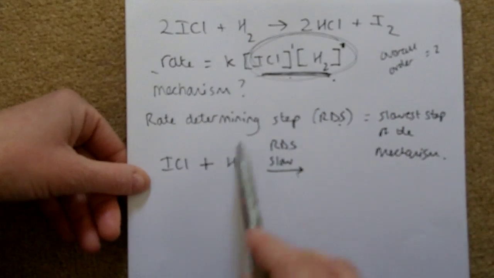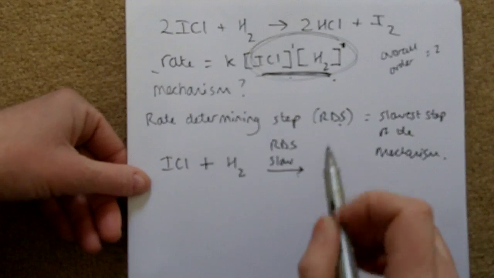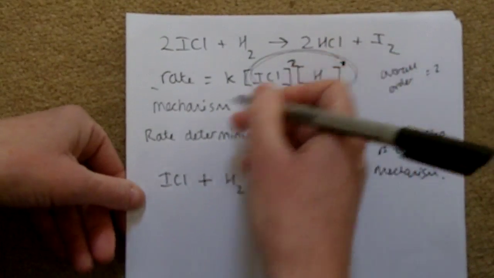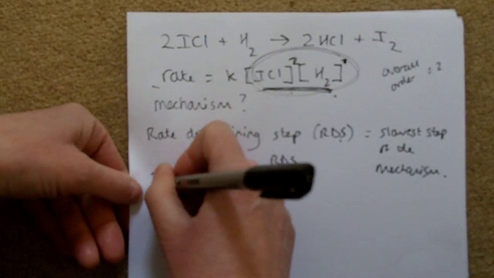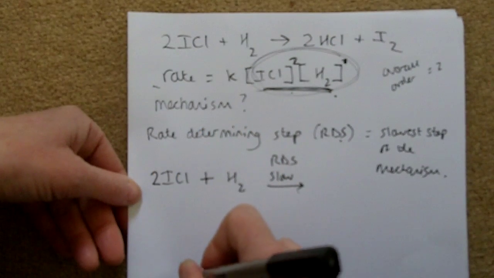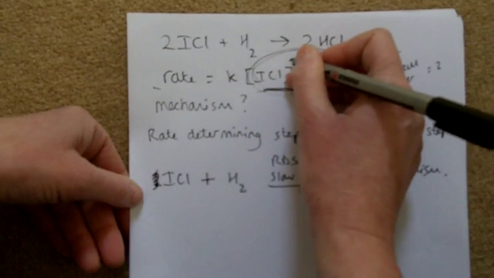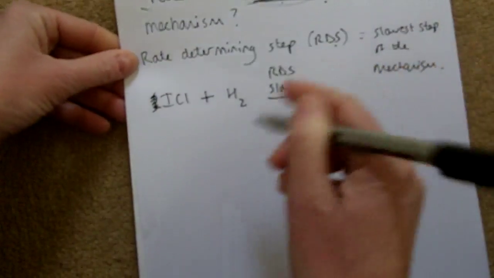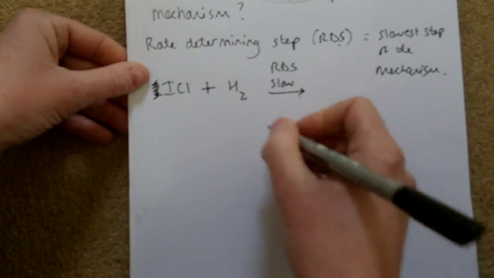Now if it had been squared here, I would have put 2 ICl there. Okay, but it wasn't, so I'm not going to. So then I've got to do the mechanism. That's the first step, the slow step.